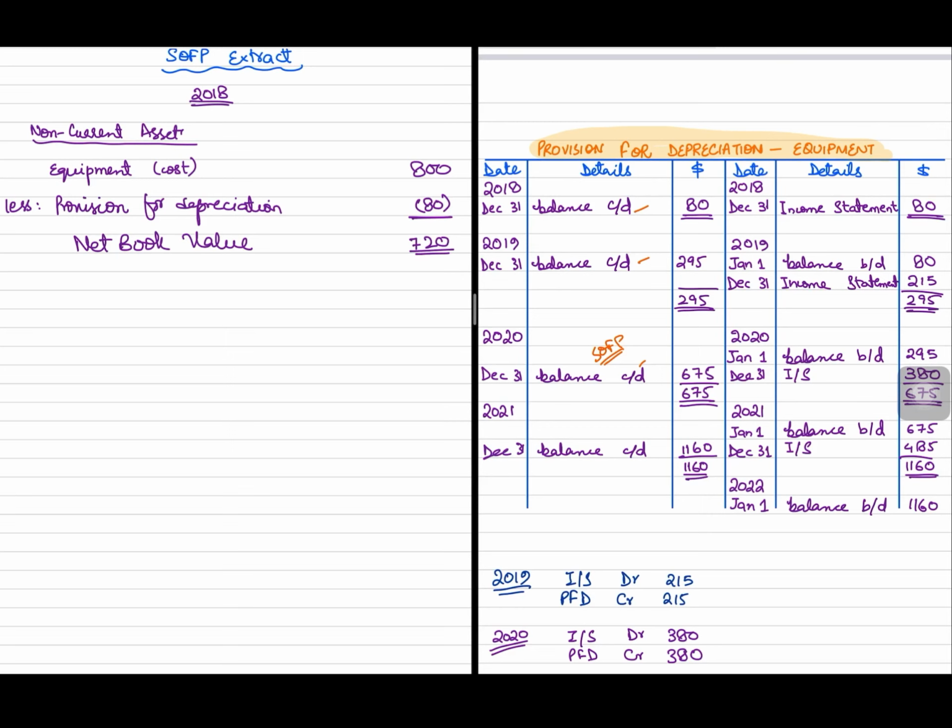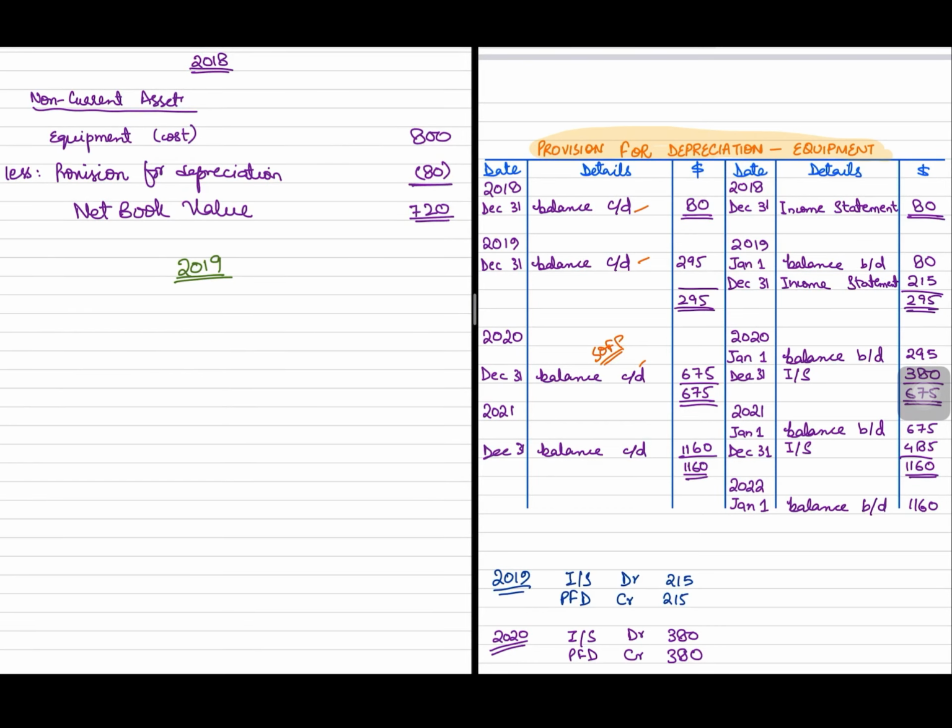Now let's learn another format which can also be used for next year 2019, right? Now this format is used in long questions in which you are required to prepare the income statement and the statement of financial position when you are given a list of balances and a number of adjustments as well, right? So what is that format?